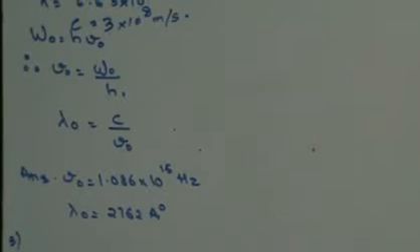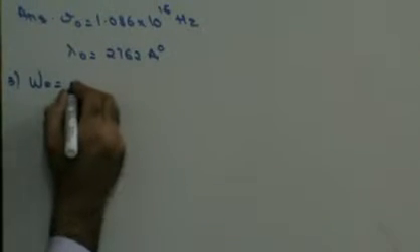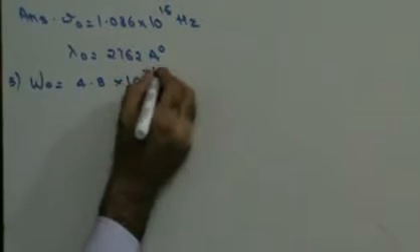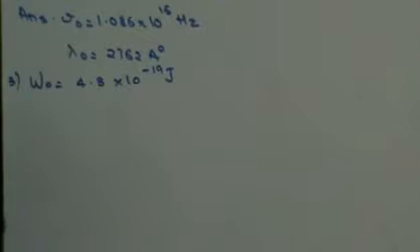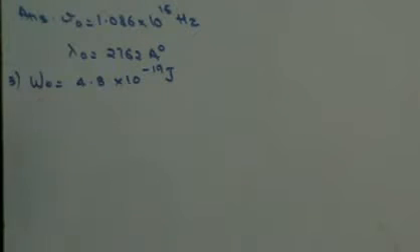The photoelectric work function of a photosensitive material is 4.8 into 10 raised to minus 19 joules.